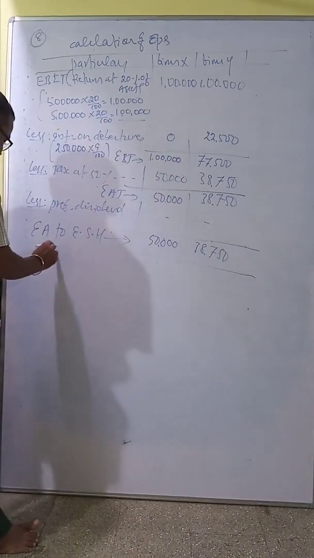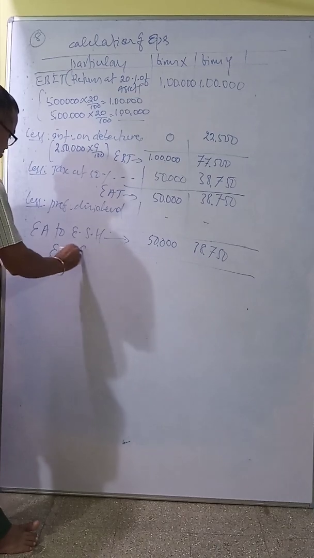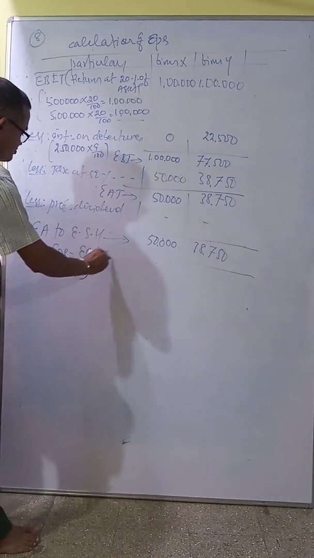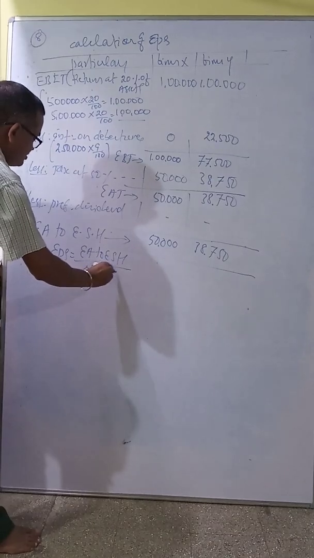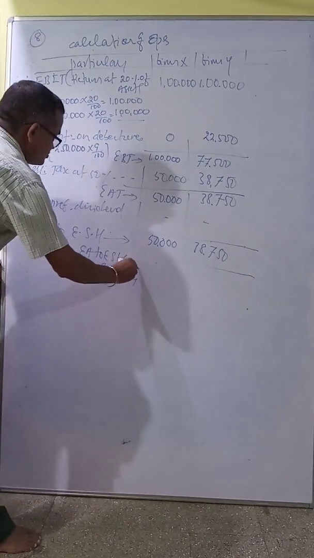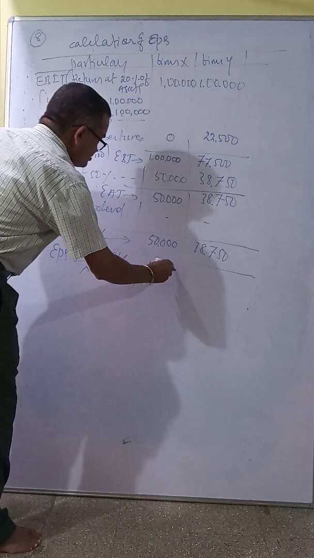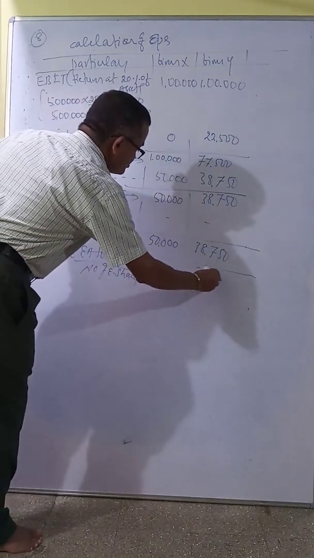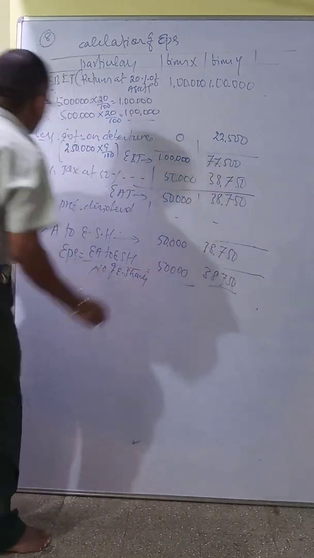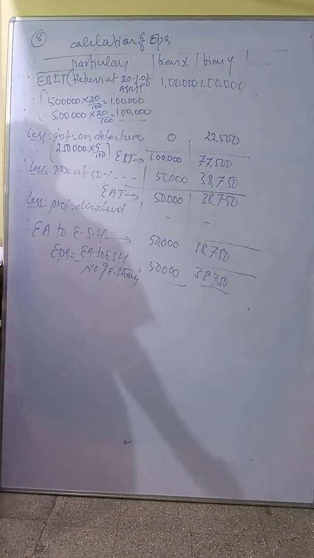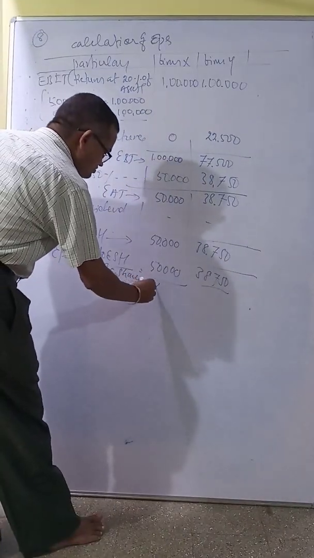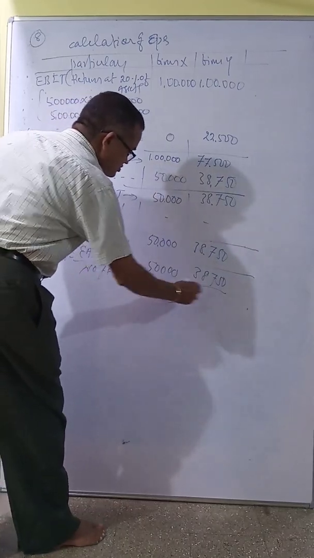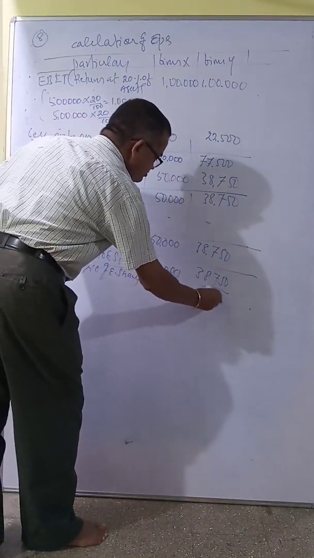Now EPS equals earnings available to equity shareholders divided by number of equity shares. 50,000 and 38,750 divided by the number of equity shares, they gave 50,000 and 25,000.